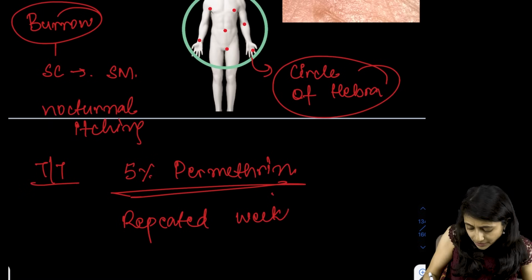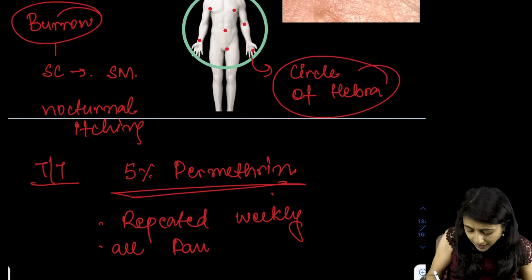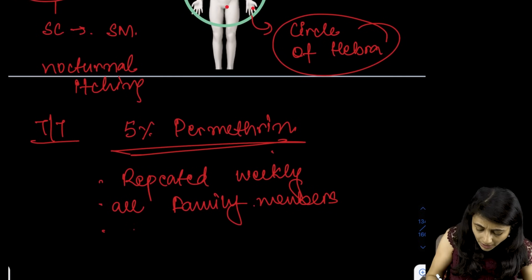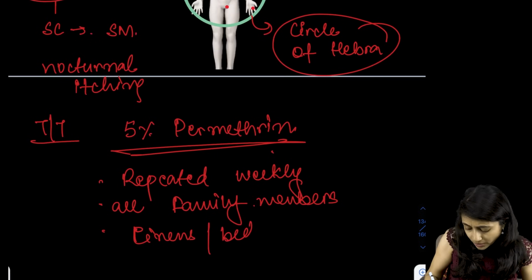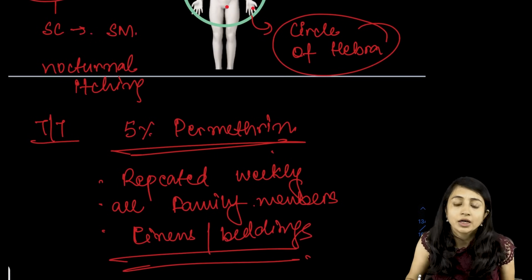All family members need to be treated, and beddings and linens should also be treated. So treatment of all family members and linens and beddings also needs to be treated, right? So this is very, very important. They ask you this.